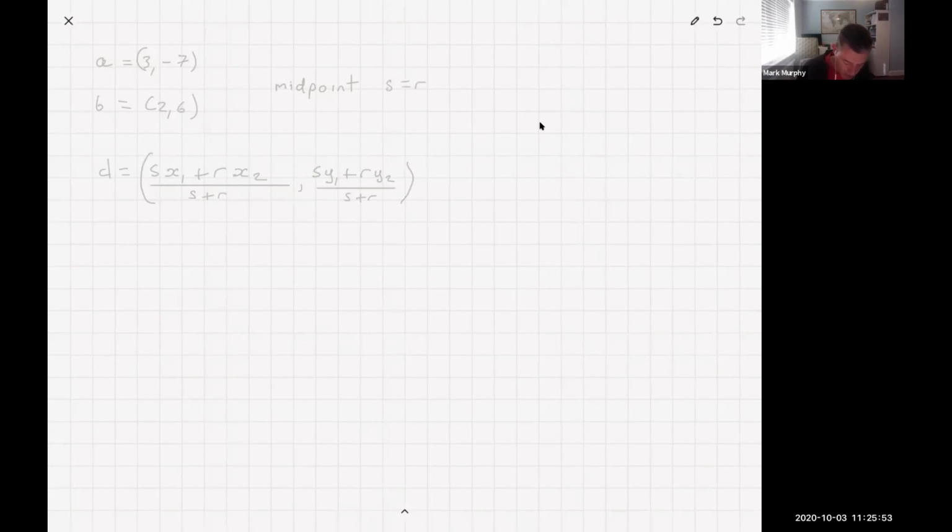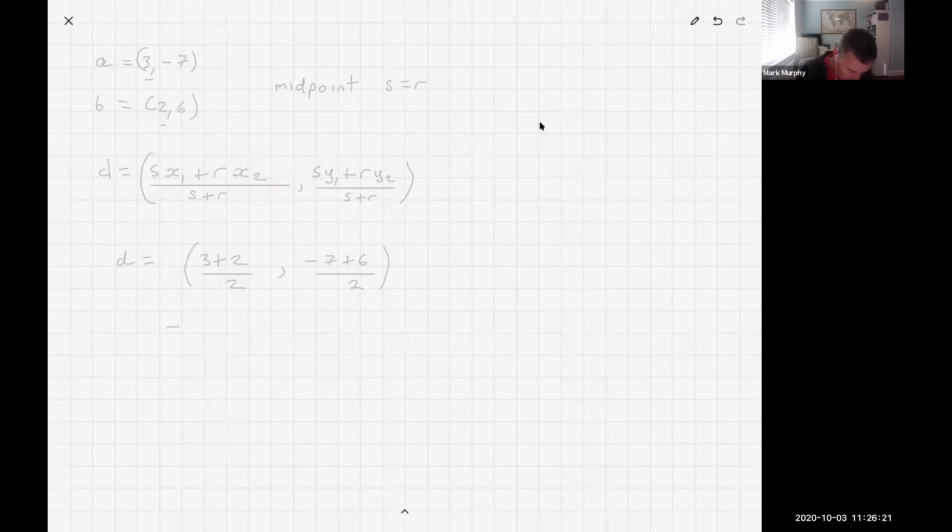So in that case, we say that D is equal to, so S is equal to R, so in this case it's 1 and 1. So we had it a while ago there, X1 plus X2. So X1 is 3 plus 2, so it's 3 plus 2 all over 2. And, just double checking that I'm right, it's minus 7 plus 6 all over 2.